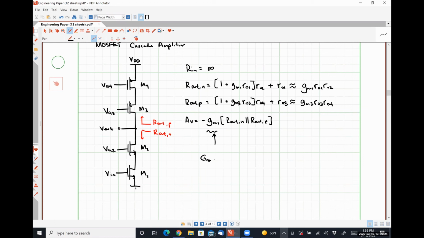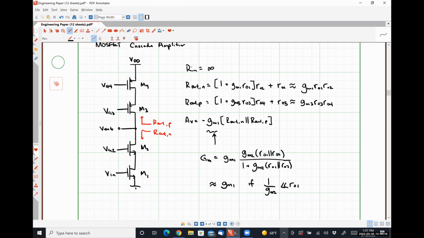Our short circuit transconductance, Gm, and I'm getting this literally from just setting the r pi's equal to infinity, is going to come out to be gm1 multiplied by gm2 times r naught 1 in parallel with r naught 2, over 1 plus gm2 times r naught 1 in parallel with r naught 2, which is approximately equal to gm1 if 1 over gm2 is much smaller than r naught 1.